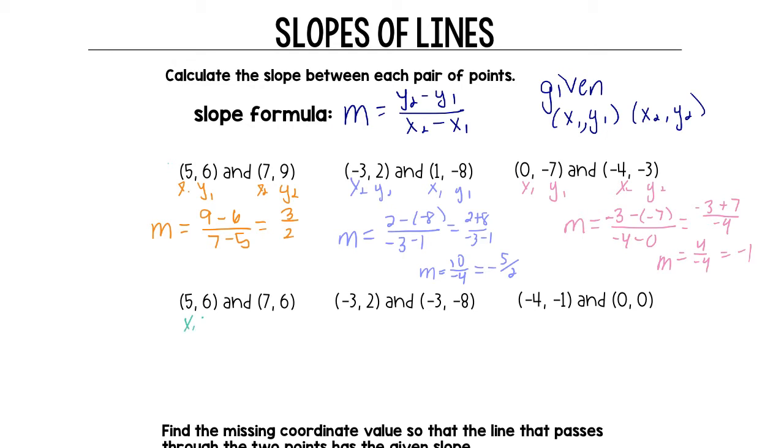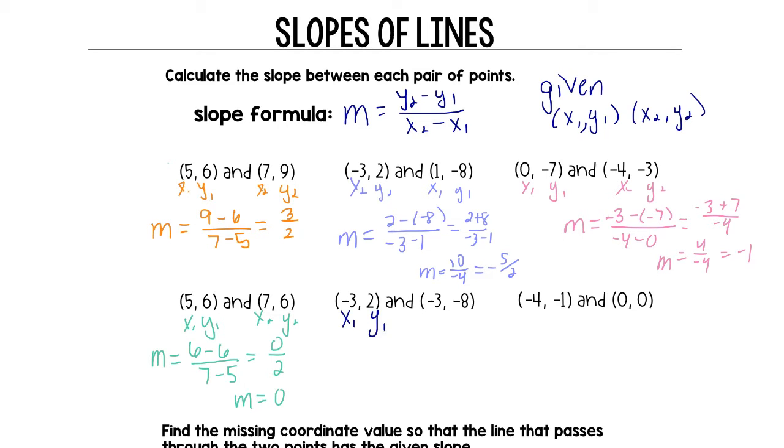We can label these again, x1, y1, x2, y2. We've got the slope is 6 minus 6 over 7 minus 5. That's 0 over 2. 0 divided by anything is 0.